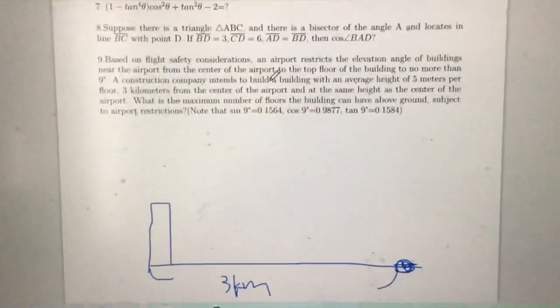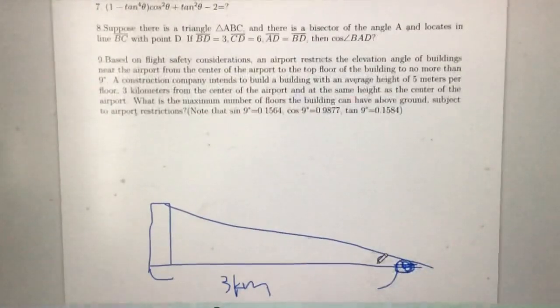Okay, and what is the restriction? From the center of the airport to the top floor of the building, no more than 9 degrees. That means this angle needs to be smaller than or equal to 9 degrees, like this one.